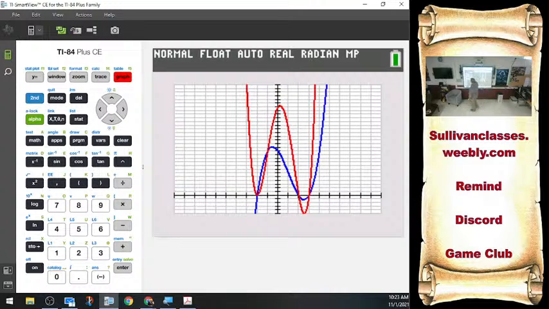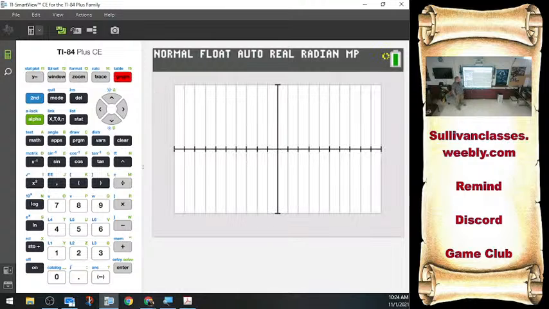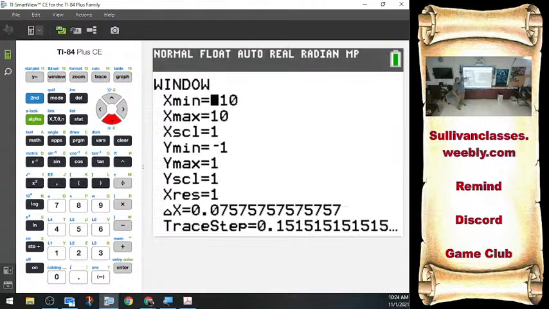Now what if I change that, for the purpose of this conversation, to just zoom square in on the x-axis? That doesn't look good at all. Maybe we need to widen that out.